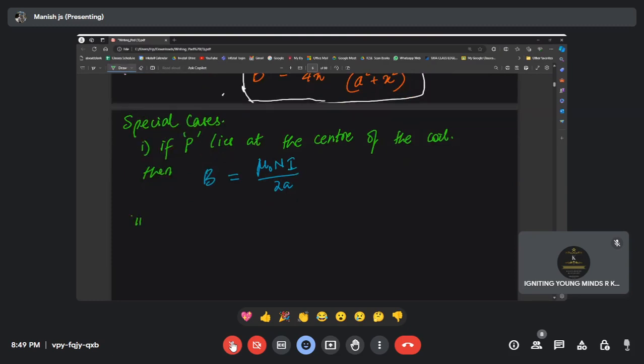Second case. The second case is if the length x is much greater than the radius.